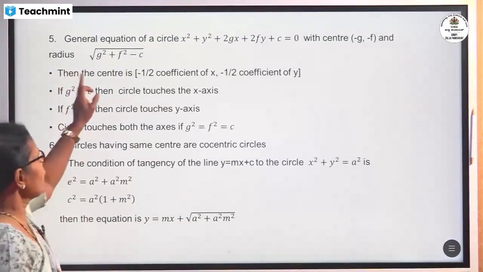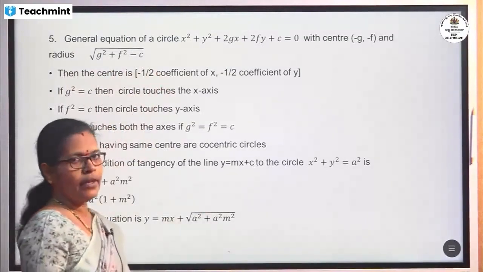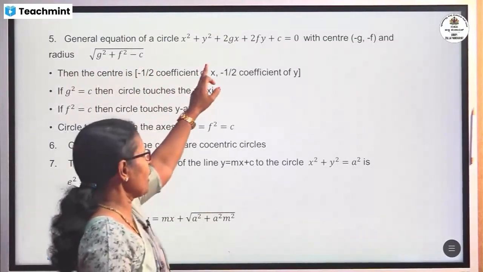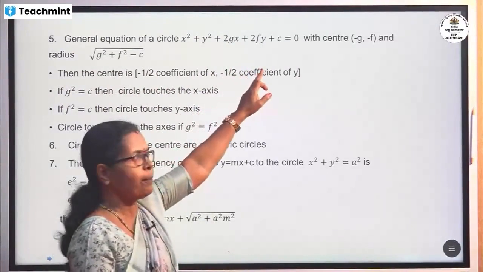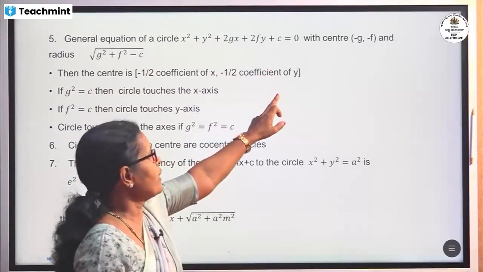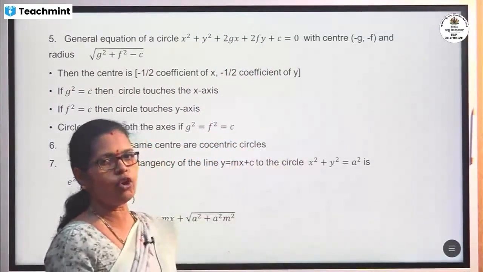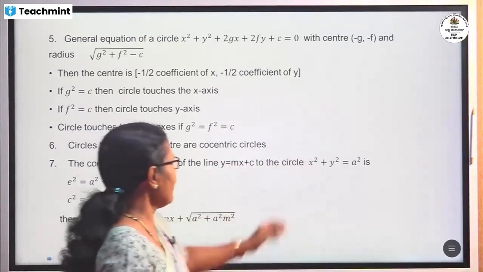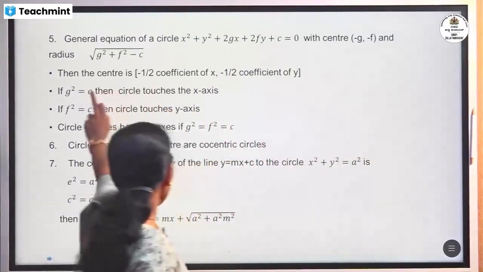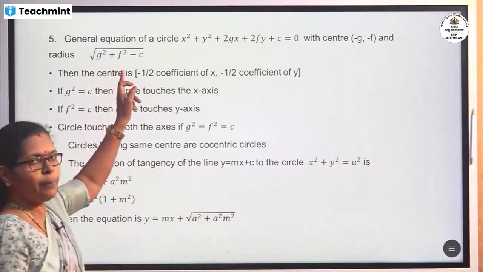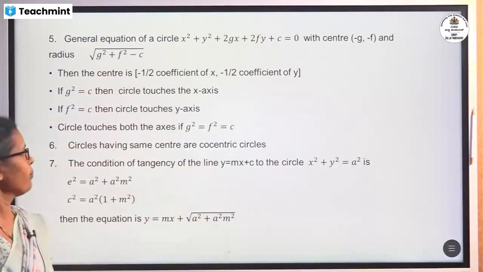Next, the general equation of the circle is x square plus y square plus 2gx plus 2fy plus c equals 0, with center (minus g, minus f) and radius square root of g square plus f square minus c.